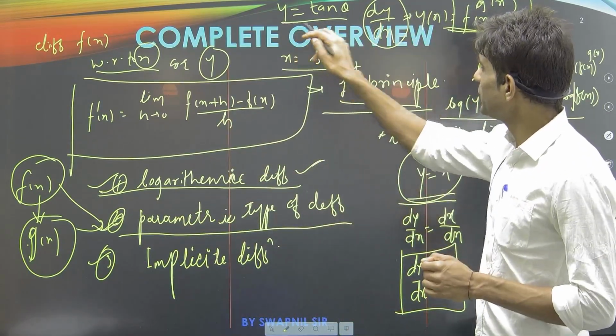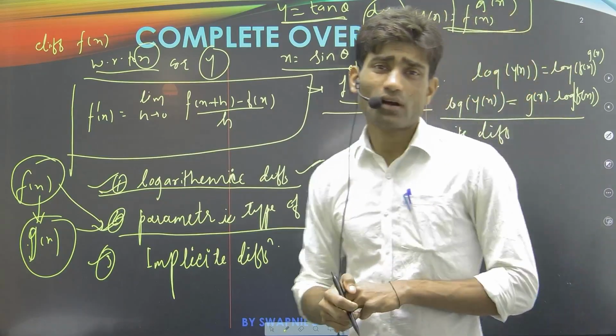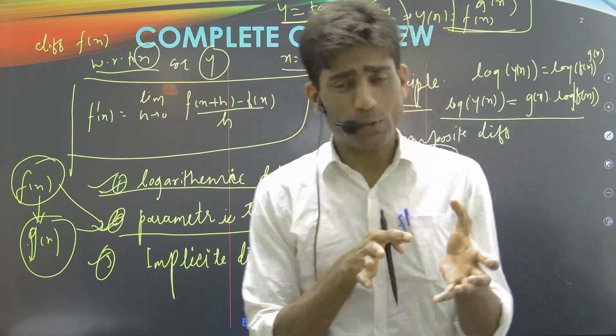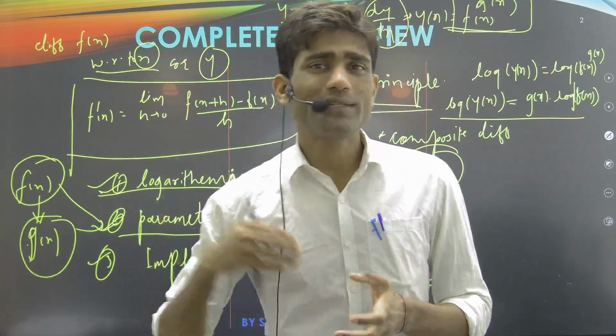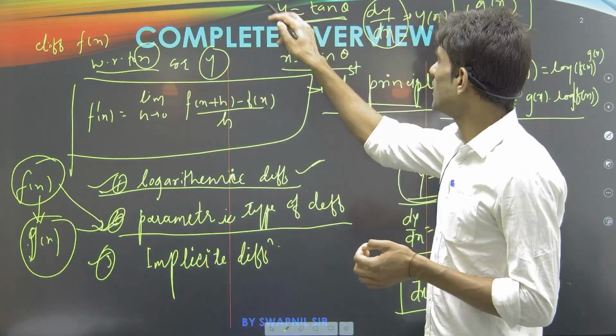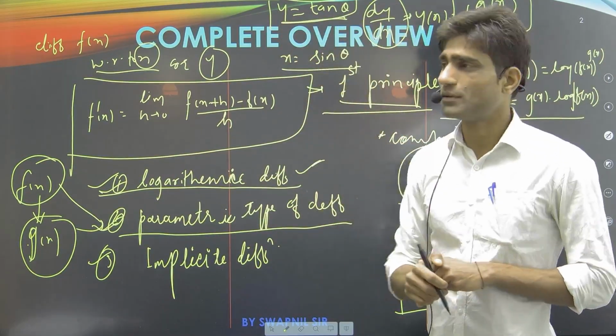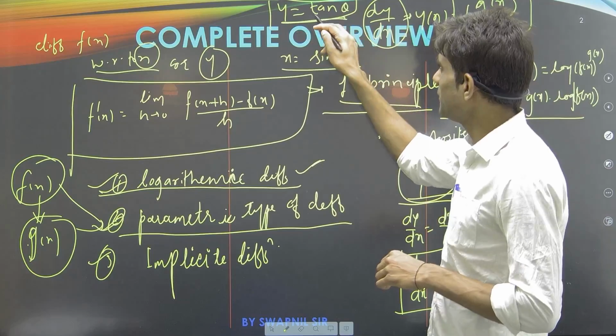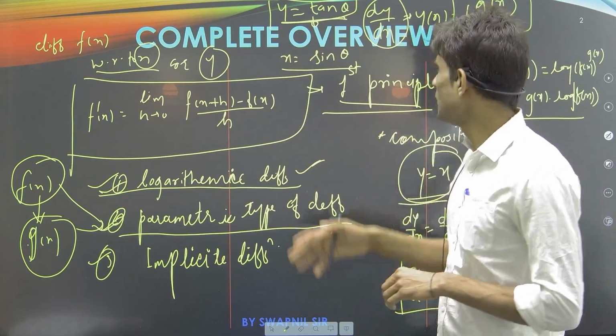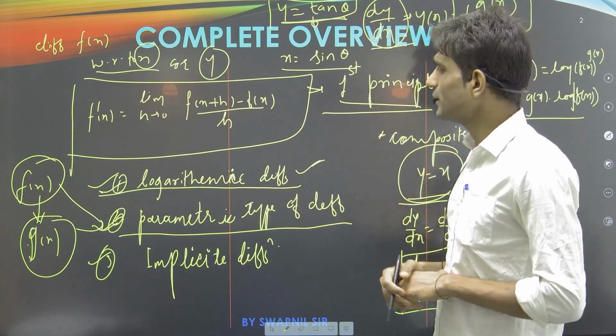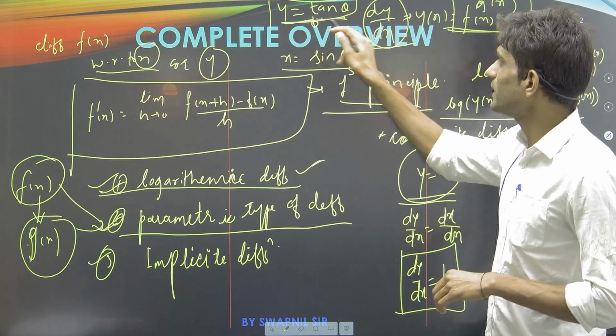If you differentiate tan theta with respect to x, tan theta is a constant term with respect to x, so the differentiation goes to 0. So it's not the right way to differentiate tan theta with respect to x.